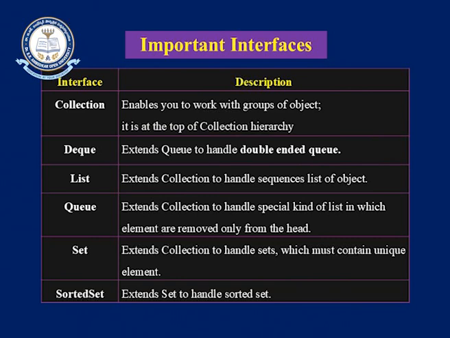Set is also one of the interfaces. The unique property of set is that it must contain only unique elements. It does not support duplicate elements or redundancy. Sorted set, you can understand by the word itself. If you want to store sorted elements, then you can go for the sorted set interface.